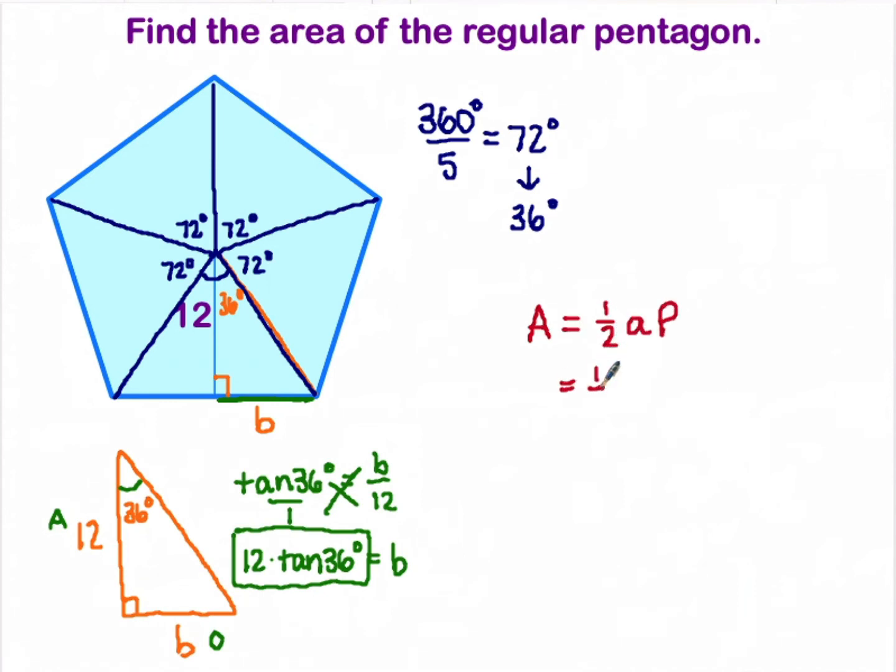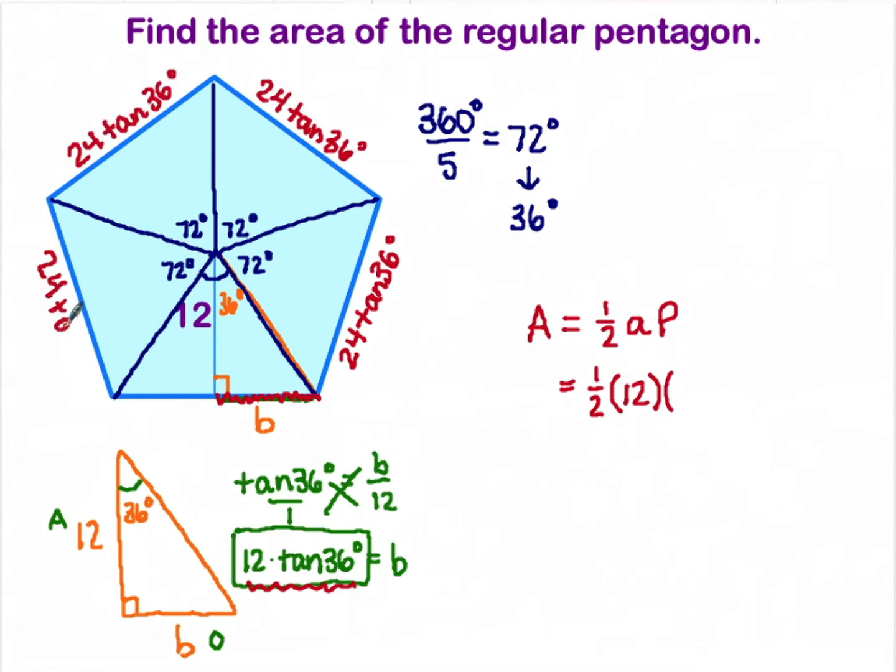This time they gave us that nice apothem of 12, and the perimeter is going to be the awkward one. If the length of B is 12 tangent 36, then the length of this whole side would just be double that, right? So if you double 12 tangent 36, you get 24 tangent 36, and that's going to be the length of each side of the pentagon, which is pretty awkward but very precise.